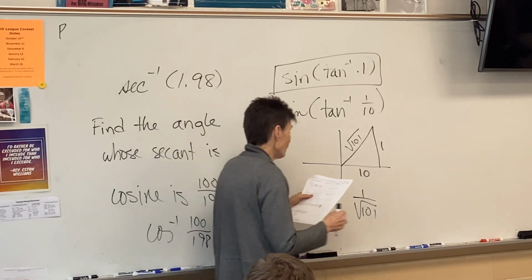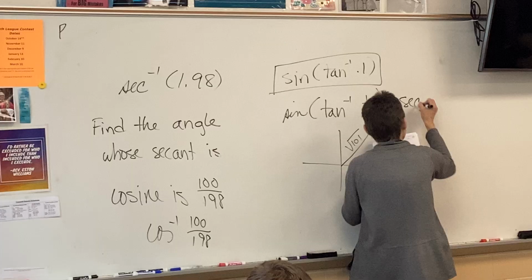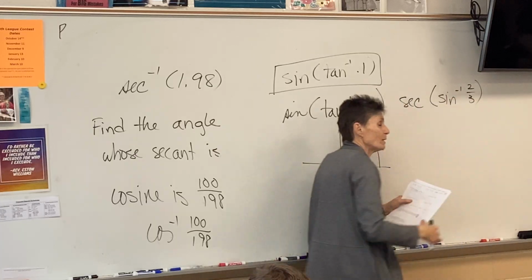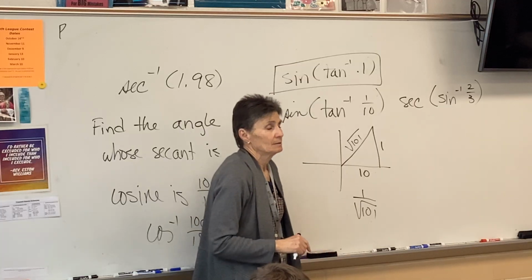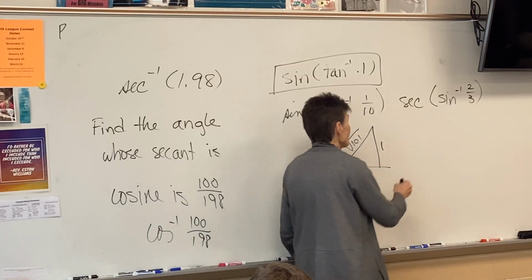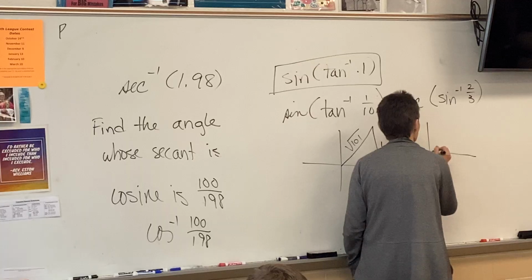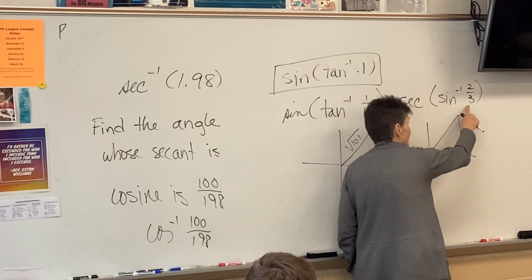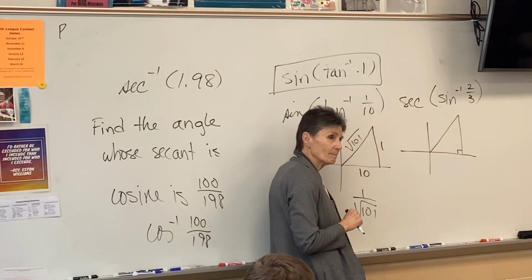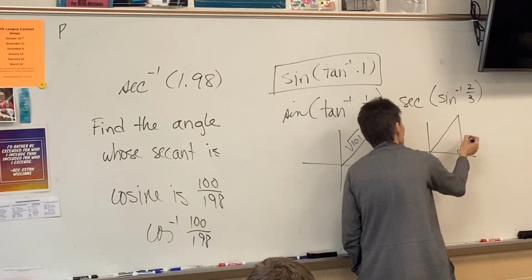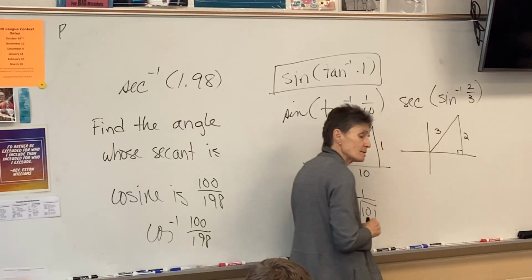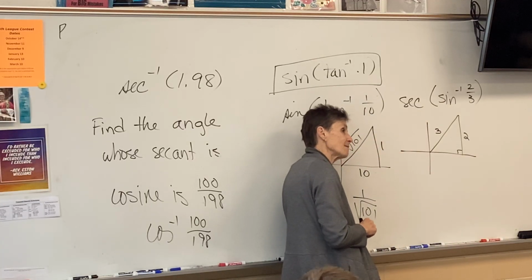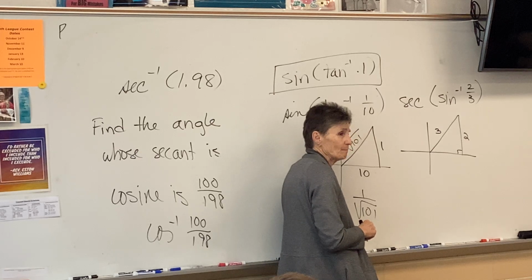All right, one more. Find the secant of the angle whose sine is 2/3. We're doing this by hand. So we start by drawing a picture in quadrant 1. I am in quadrant 1 because that number is positive. The sine is 2/3, opposite over hypotenuse. Then I find the other side.